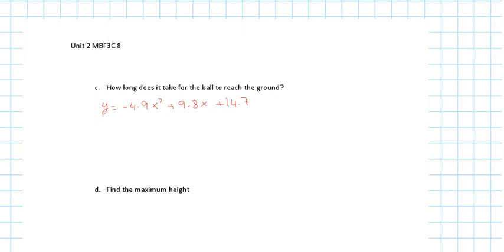What did I tell you? Most likely, if I give you a trinomial and the a value is not 1, that would be your GCF, because I will not give you anything to factor where a is not equal to 1. So in this case, your GCF is going to be negative 4.9. Let's try that. Divide each term by negative 4.9 and see if you get whole numbers.